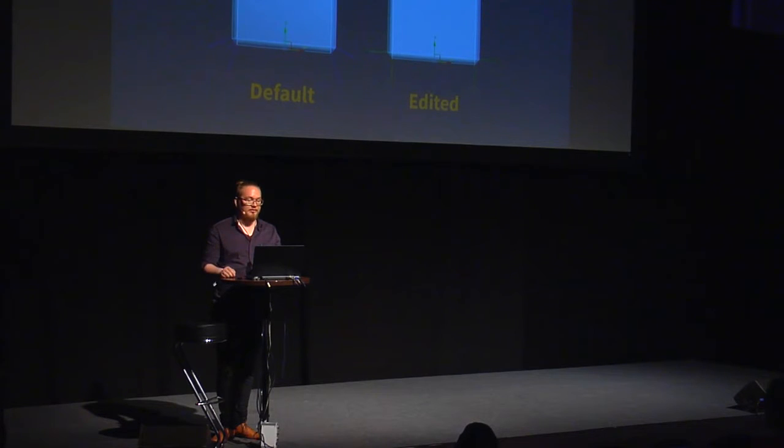But after we have edited these vertex normals, all the transition between the vertex normals happens in those chamfered edges. So we get that nice edge detail, nice curvature on the edges, but still keep the nice shading on the large polygon faces.